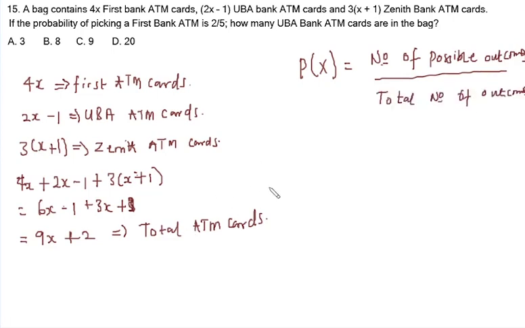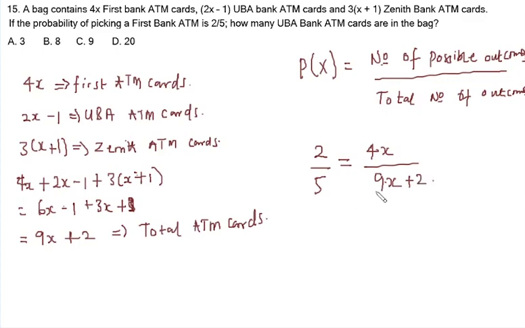That simply means that if the probability of picking a First Bank ATM card is 2 over 5, the number of possible ATM cards for First Bank, 4x, divided by the total number of ATM cards, 9x + 2, is equal to 2 over 5.